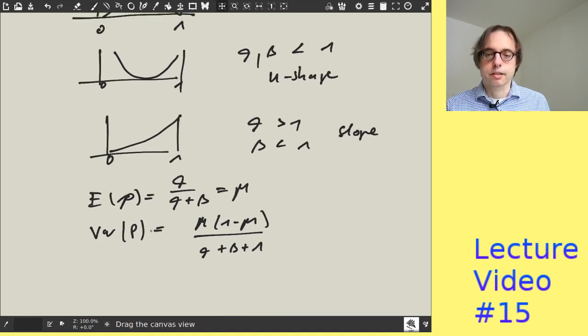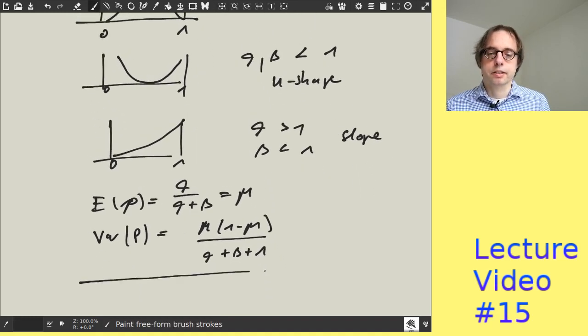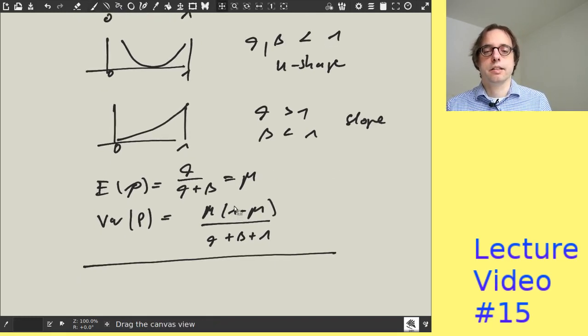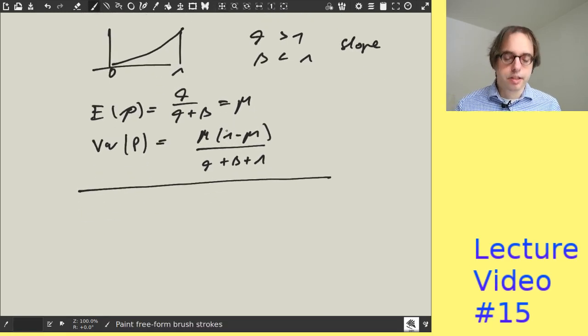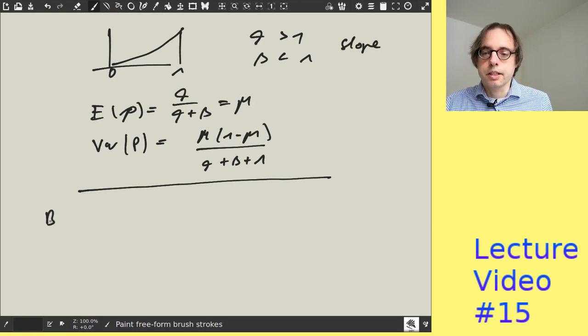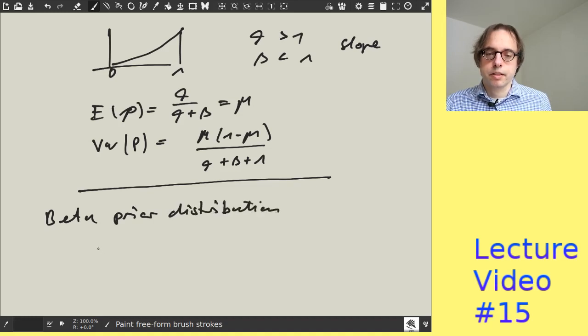So that's how the beta distribution looks like, and we will be using the beta as a prior, and then we go from prior to posterior. So, the beta prior distribution, and we write this as follows.